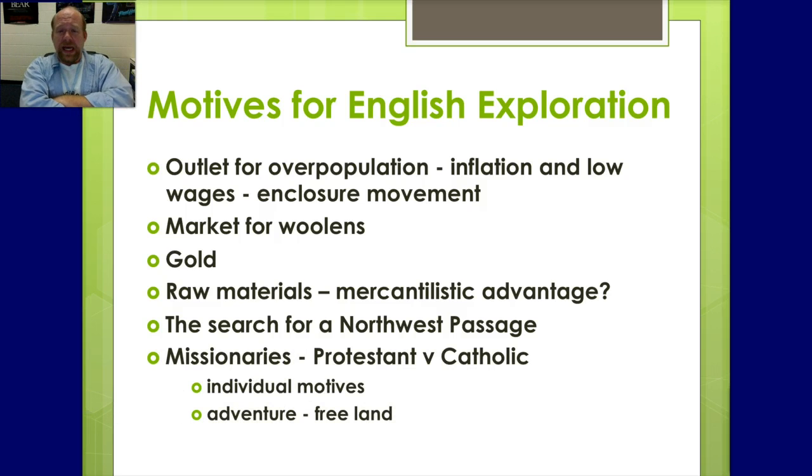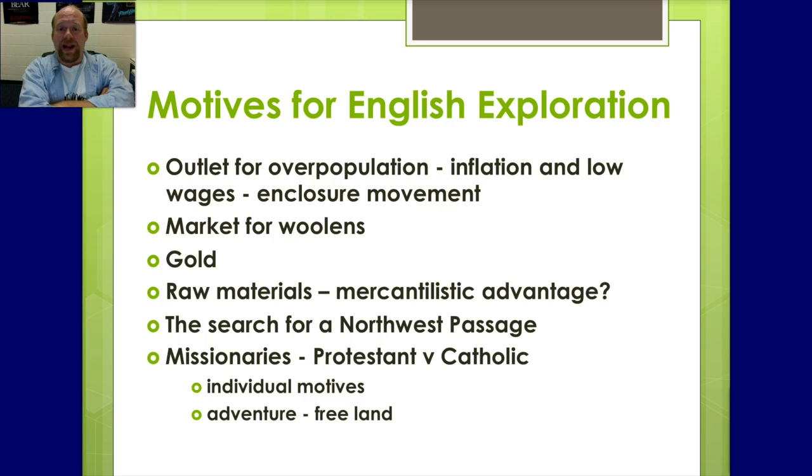And missionaries. Protestant missionaries versus Catholic missionaries. They wanted religious freedom. They wanted to leave religious persecution, hence the Puritans and the Mayflower coming over. That was another motive of exploration. Get me the heck out of here. I'm tired of being persecuted. And plus it's a sense of adventure. Free land. No one's claimed it.